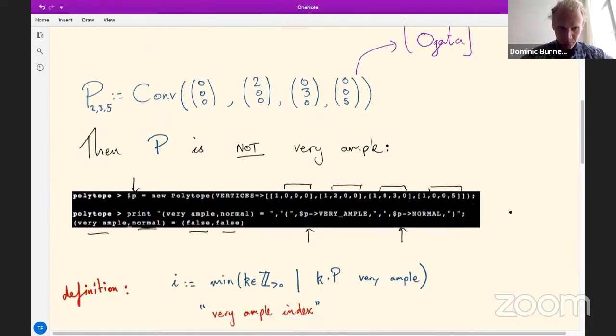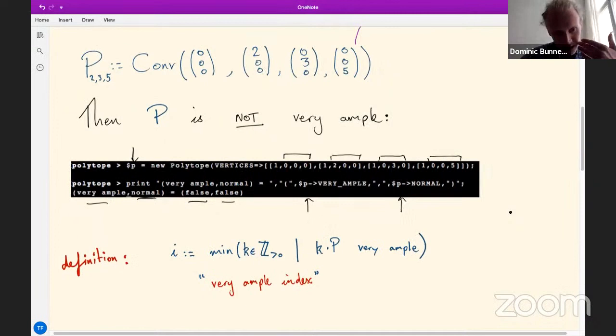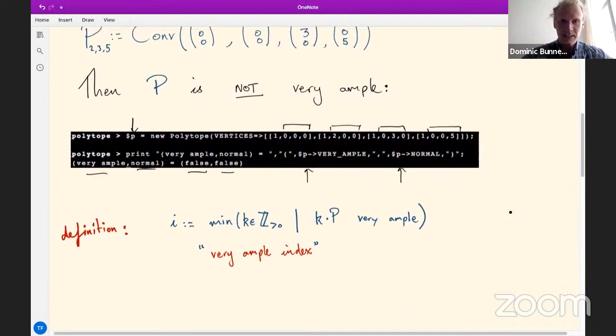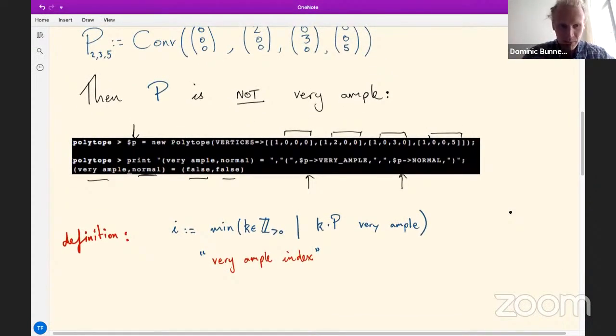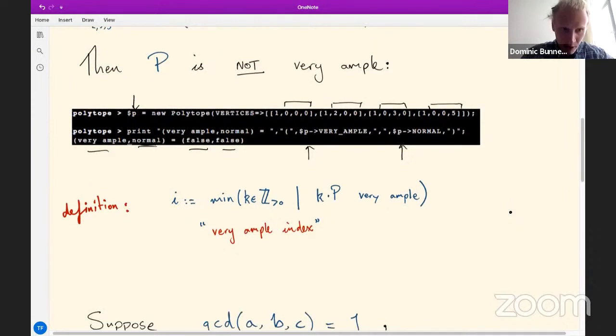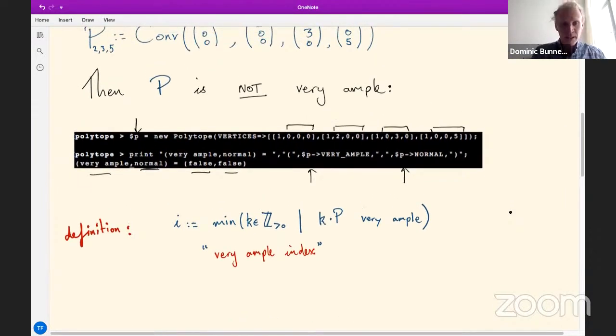Exactly. And now we'll have an associated definition for this kind of failing to be very ample. We're going to introduce a number I, which is the minimum number such that I times the polytope is very ample.